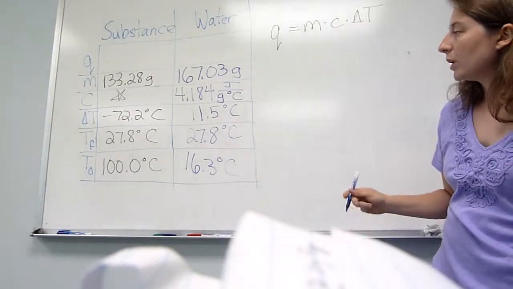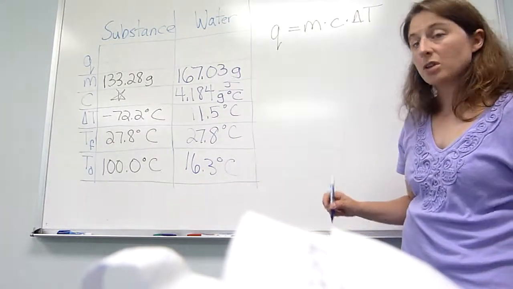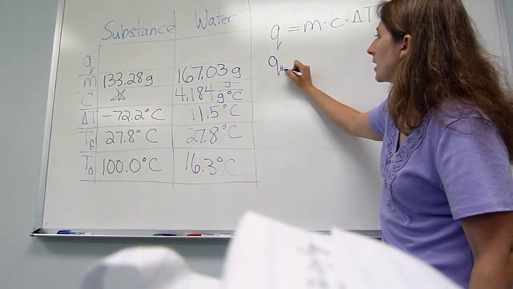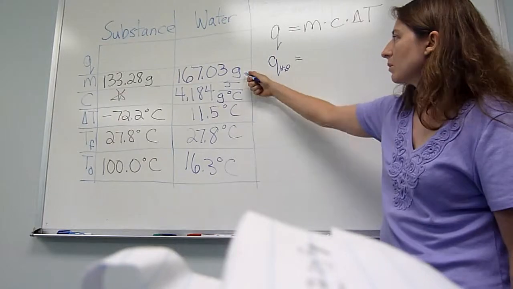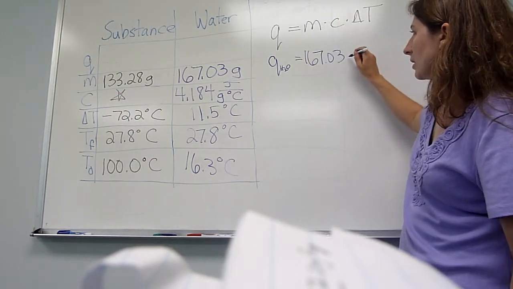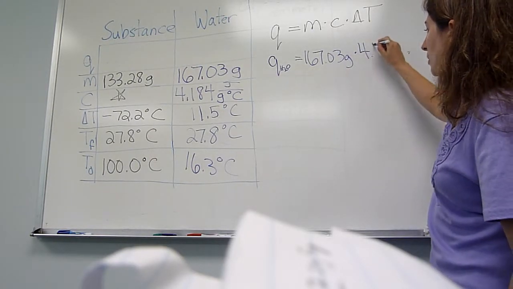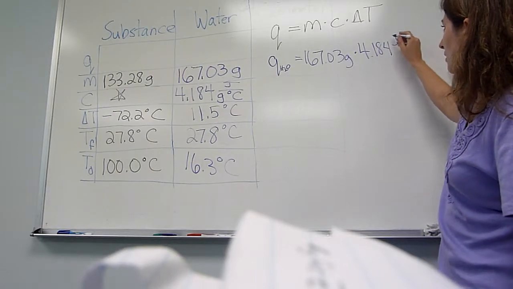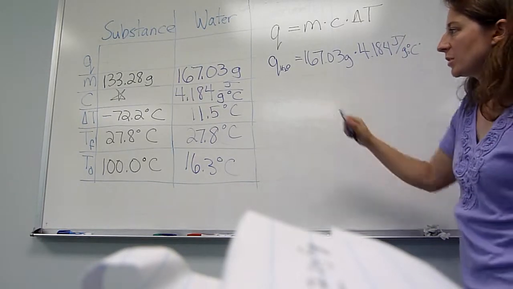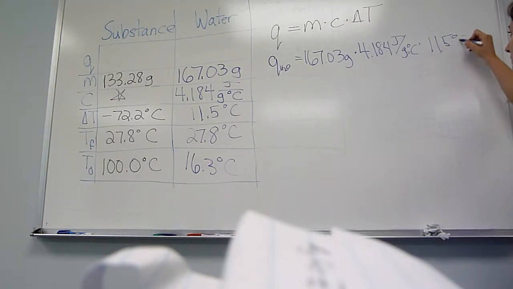So we look at what we know the most about. We know the most about the water in this problem, so we'll start by finding the heat gained by the water. The heat gained by the water is the mass of the water, 167.03 grams, times the specific heat of water, which you need to memorize, 4.184 joules per gram degrees Celsius, times the change in temperature of the water, 11.5 degrees Celsius.